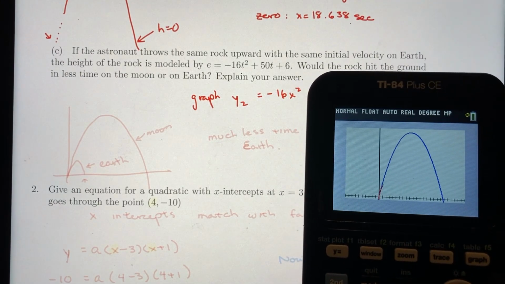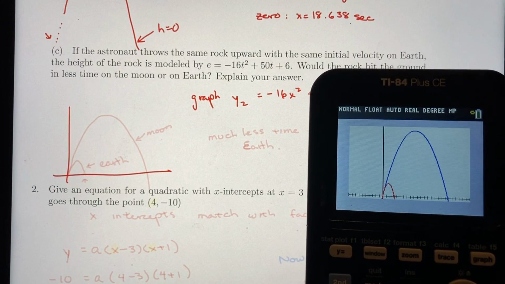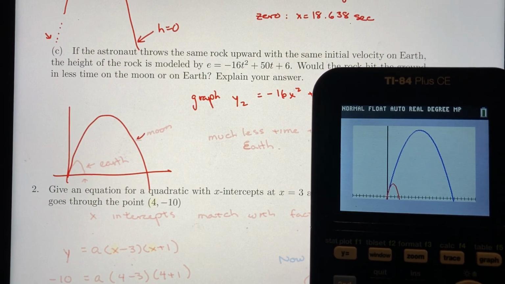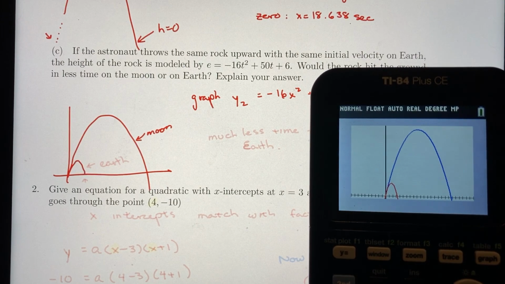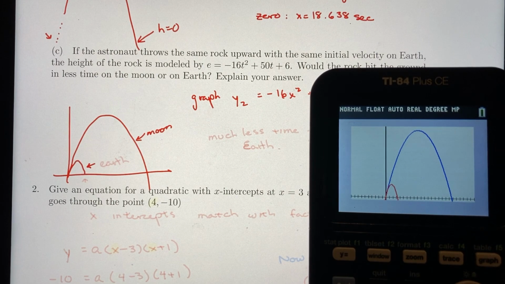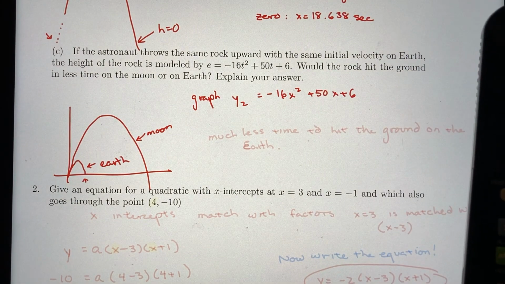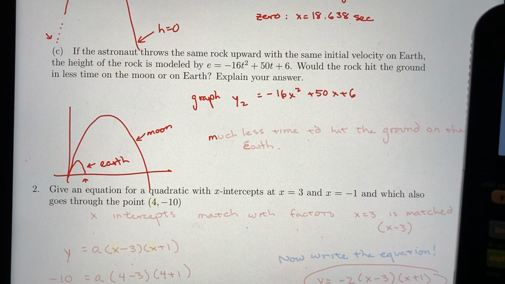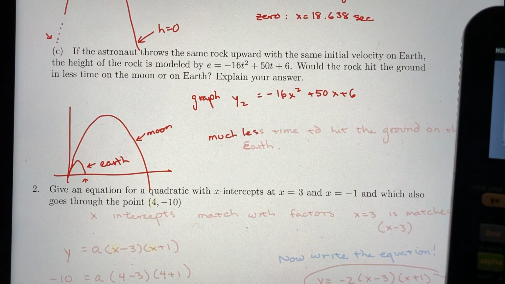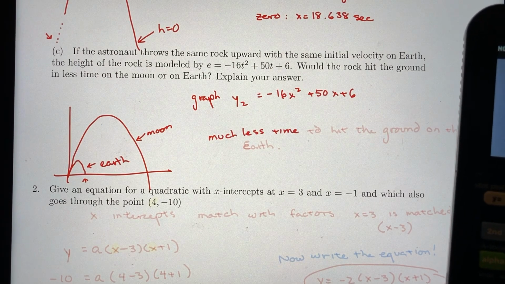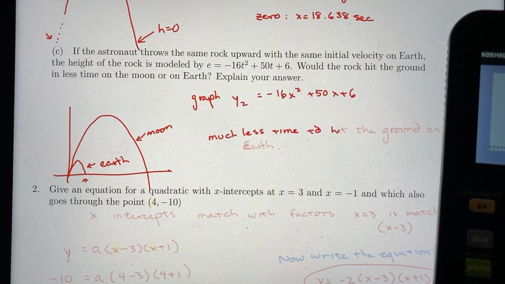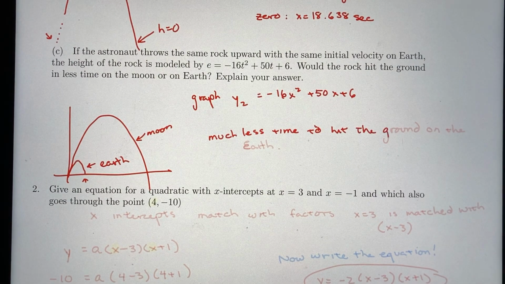Okay, and I graph it, and the picture that I see is, this was the moon, and mine is coloring the original one in blue and the new one in red. Does it hit the ground in less time on the Earth? Yeah, it's much less time. Why? Because gravity is stronger on the Earth, because the Earth is bigger.